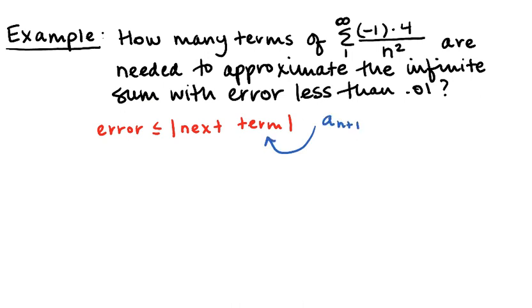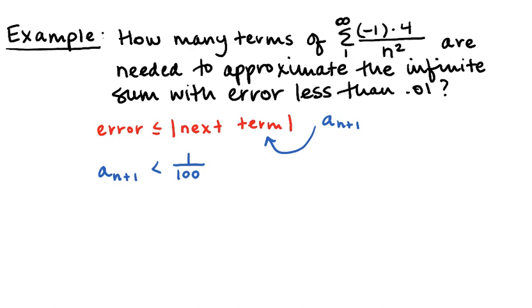And we need that to be less than 0.01. So now I need a sub n plus 1 to be less than 0.01. But I have a fraction here, so I'm going to change this to a fraction as well. It might be a little easier to compare.